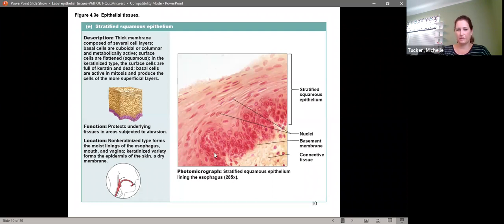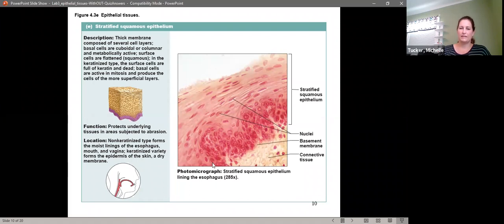So you get a wavy layer of stem cells, baby keratinocytes, basal cells, and when they divide, they leave one cell at the basement membrane, and then a daughter cell is going to continue into the next layer.